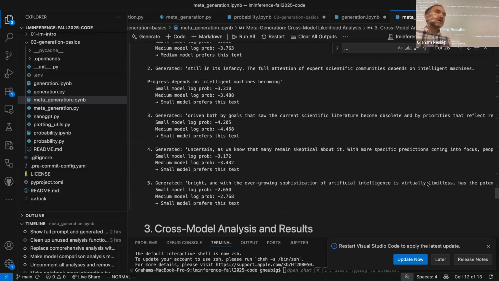My general impression of stronger models, and larger models are typically stronger models, is that they are more likely to generate sentences that are interesting and surprising while still not being too off the wall.